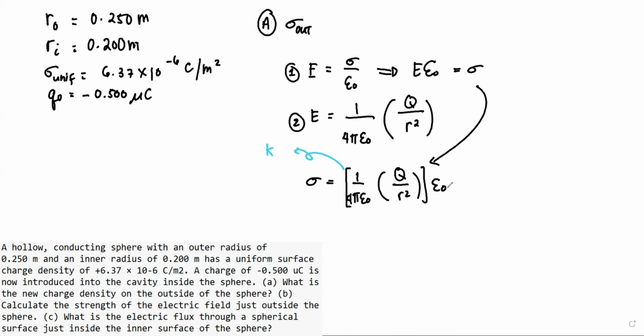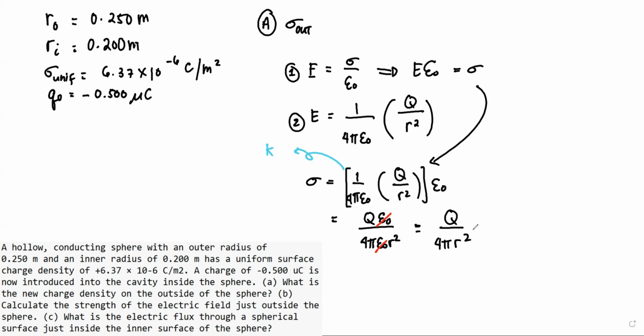Now, I can see that we can try and simplify it even further. So let's have it in one system. Q over 4 pi epsilon naught r squared, and my epsilon naught is just multiplied there. I can see canceling out, and then I'll just have Q divided by 4 pi r squared.